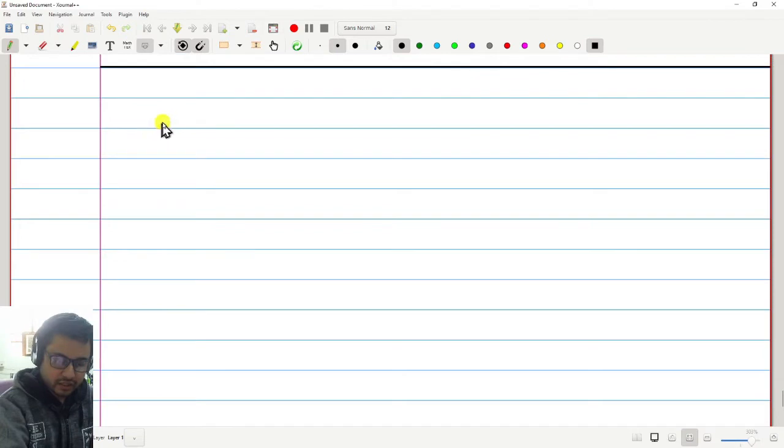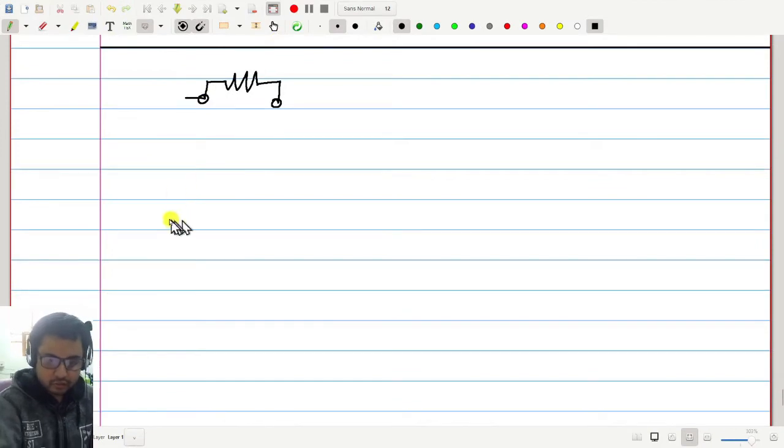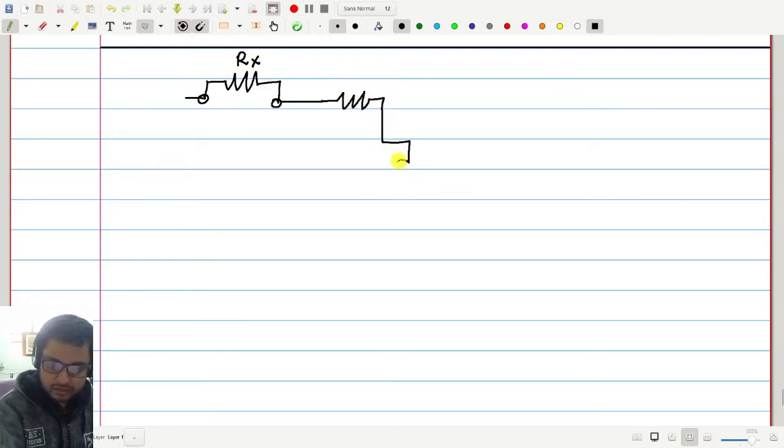Okay, acha. So this is roughly the circuit. Sir, please make it full screen. Full screen. Uh, where is the option full screen? Now Rx, then Sir, I'm talking about in Teams.